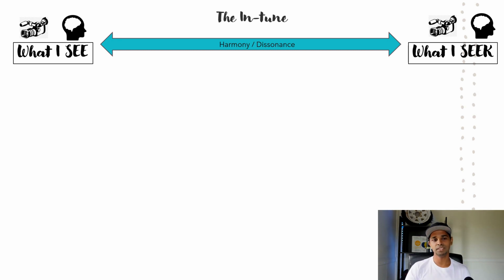The vertical line represents the top: we can see things as they are, the external world, our five senses experience of what's happening, that experience of reality. And we have the bottom of the vertical line in the ACT matrix, which is our internal seeing, our internal world, what we experience internally. Both are incorporated in the concept of what I see, the reality that I see. This top left thing is what I am seeing.